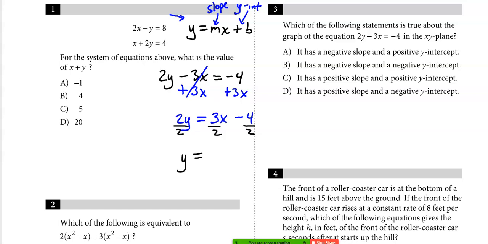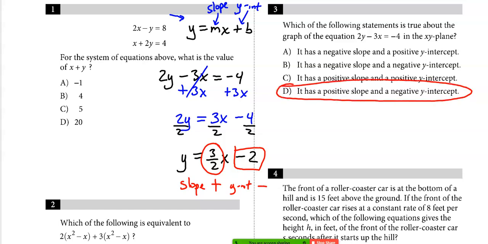So I get y equals 3/2 x minus 2. So it looks like my slope is positive, and my y-intercept is negative. So positive slope, negative y-intercept. So it looks like the correct answer here is D. All right, keep on going. Scroll down to number 4.